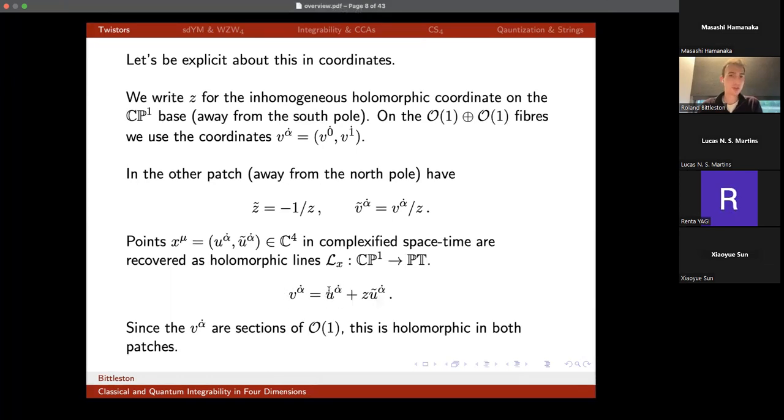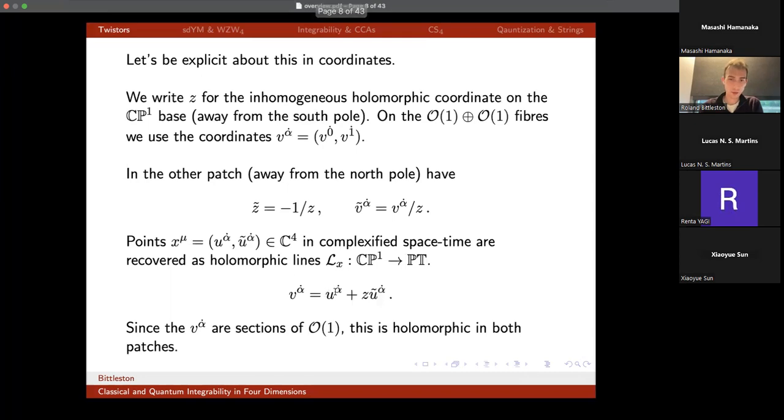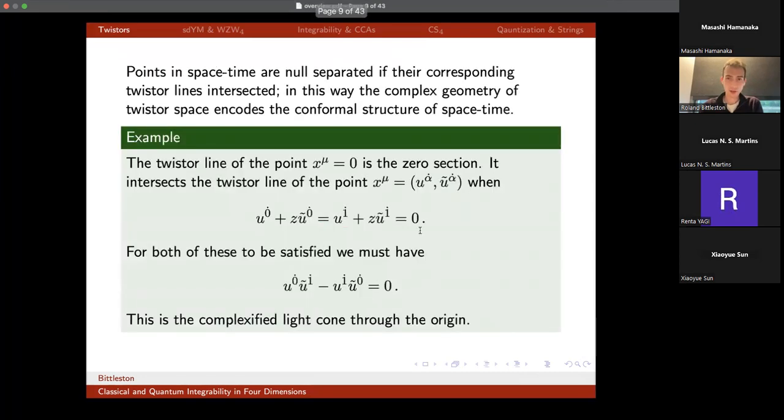So V is 0, and this is just the zero section of the O(1)+O(1) bundle. And then let's take another point, a generic point labeled by U and U tilde. For this to intersect the zero section, we just have to set both components of this to 0. For that to be true, the U's must satisfy this condition, which is the complexified light cone through the origin.